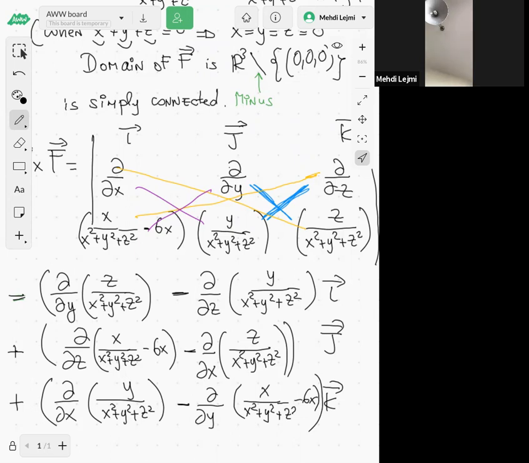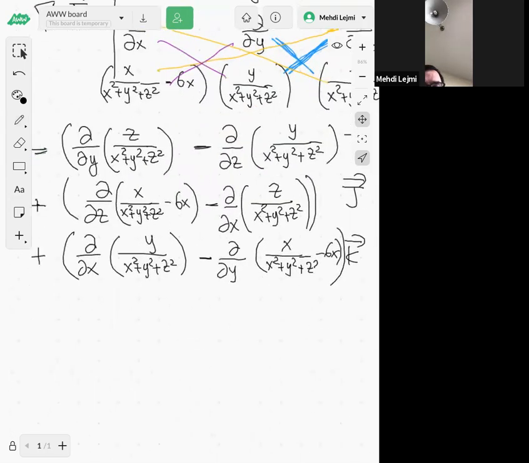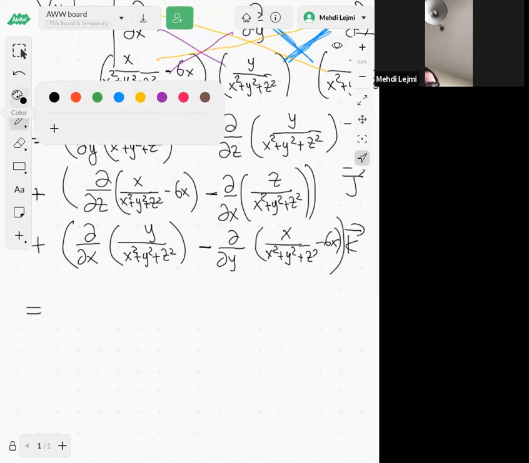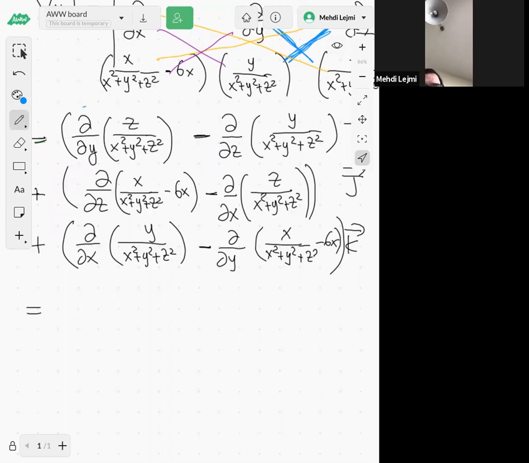All right, guys. So we want to compute the partial derivatives here. It seems like a long computation, but for the first partial derivative, it's the partial derivative with respect to y of z over x squared plus y squared plus z squared.